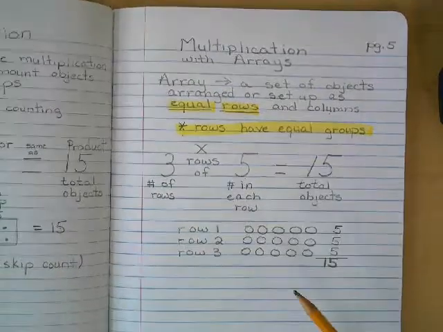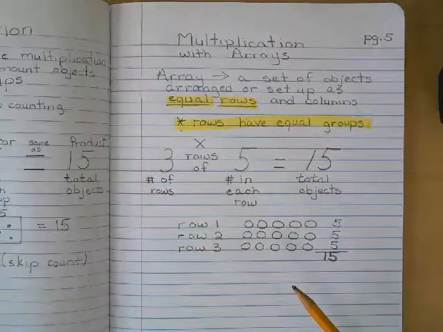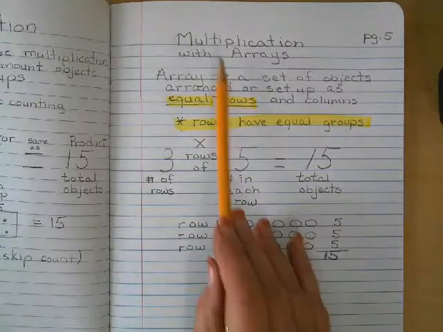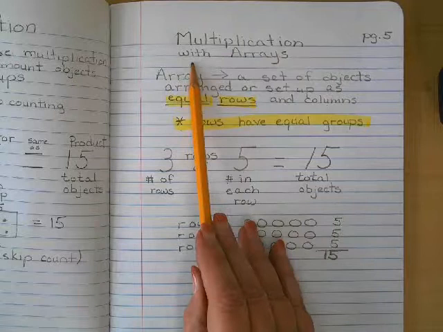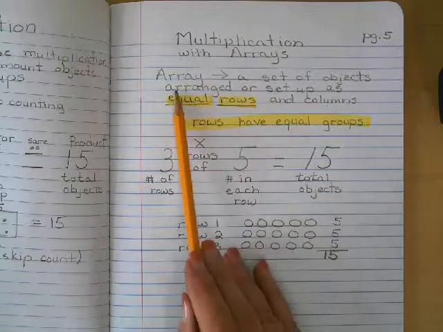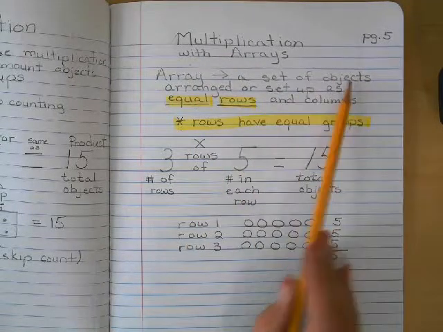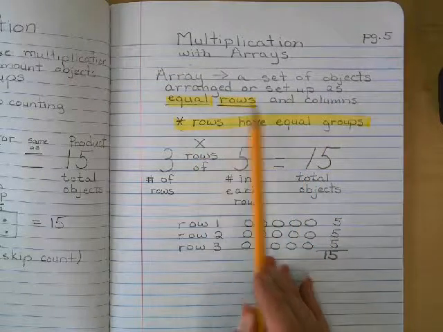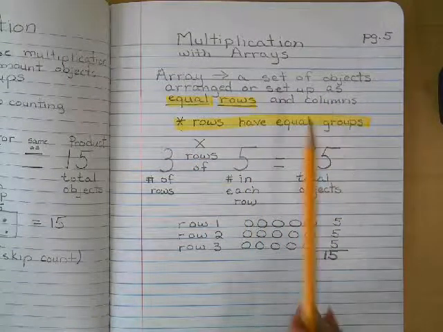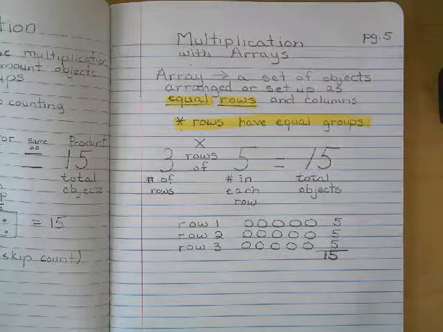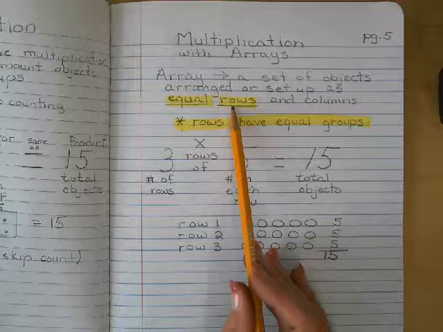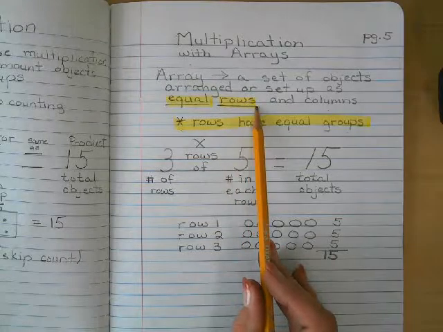For your composition notebook, this is going to be multiplication using arrays. An array is a set of objects arranged or set up as equal rows and columns. So instead of having our groups, we're taking those groups and now making them into a row.